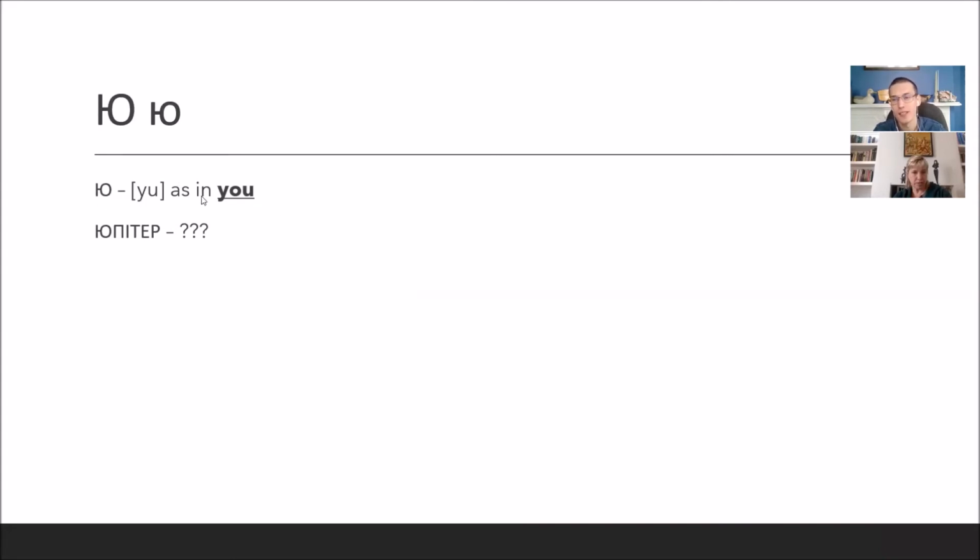It consists of two sounds, Y and U. And you can see it in the word Yupiter, Jupiter. Please try to guess what Yupiter means.